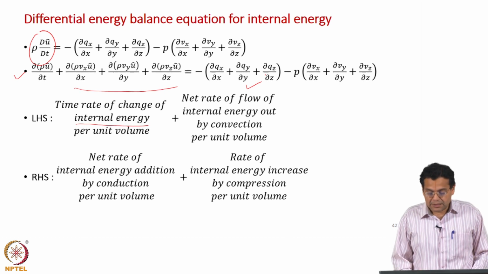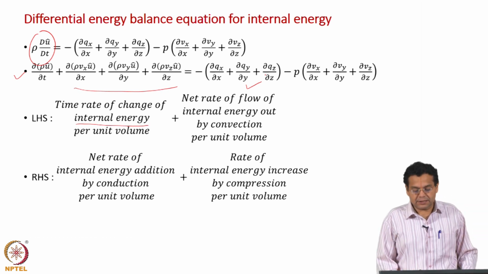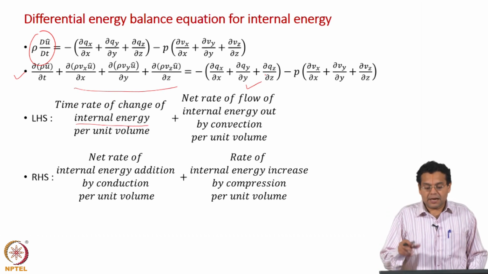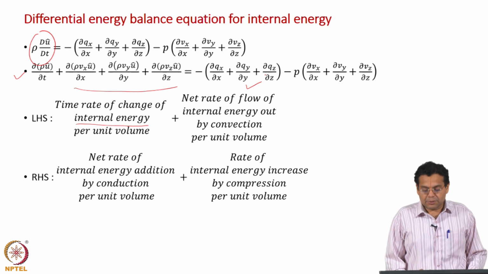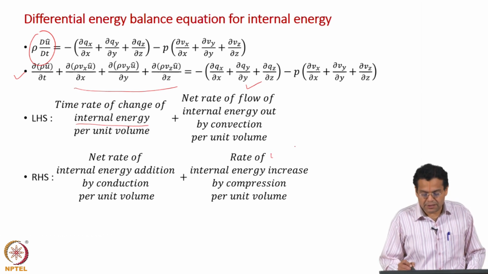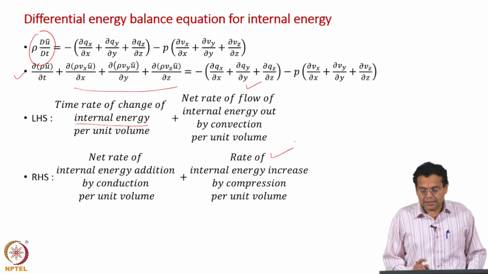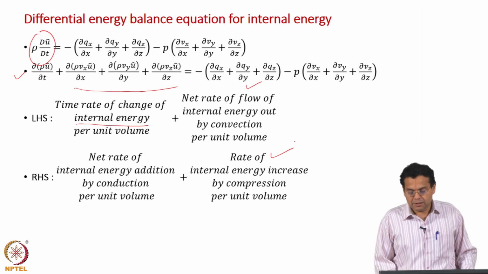Now, let us come to the last term, which requires some discussion. We also have to discuss the importance of this term here and in the kinetic energy equation. What this tells you is, if you read this significance, rate of internal energy increase by compression per unit volume. How do you explain this?